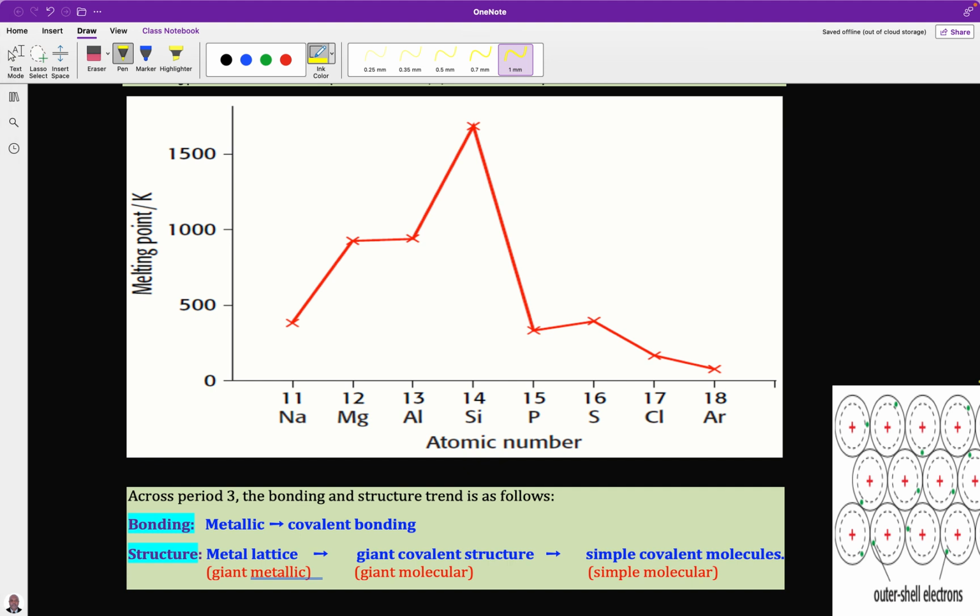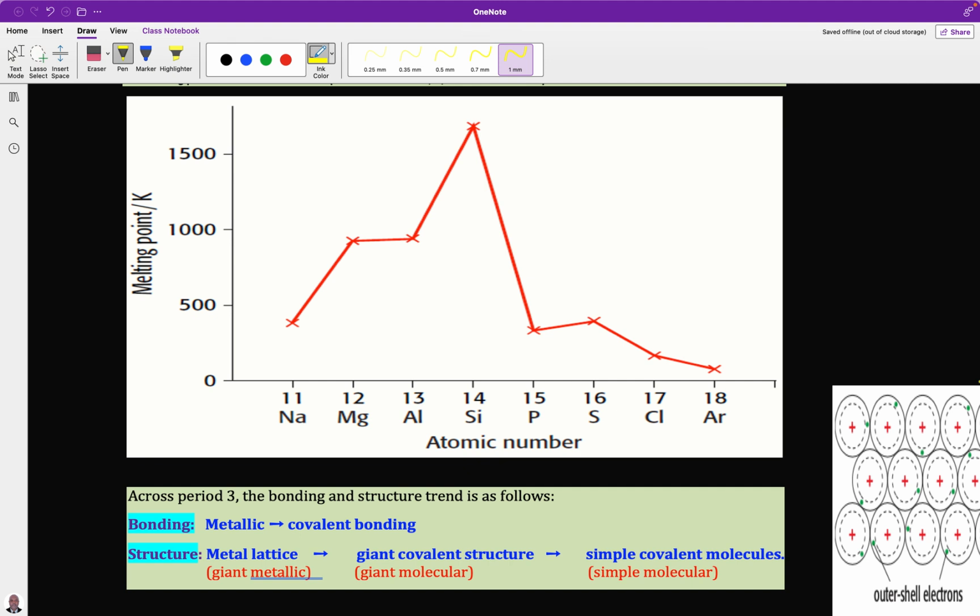Each silicon atom is bonded to each other by strong covalent bonds. So the 3D bonding gives silicon high melting point, high boiling point, and great hardness, but it is very poor in electrical conductivity because they don't have delocalized electrons. So it is poor, even though it is a semi-metal. Silicon is a metalloid, a semi-metal.